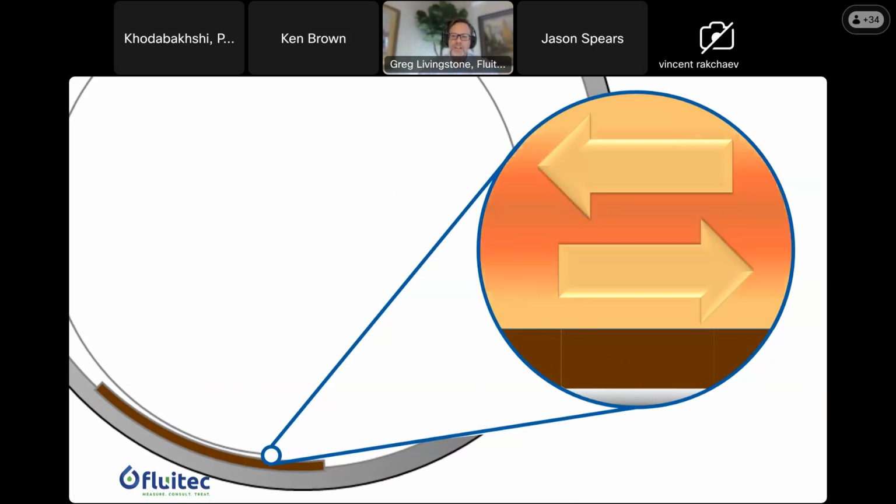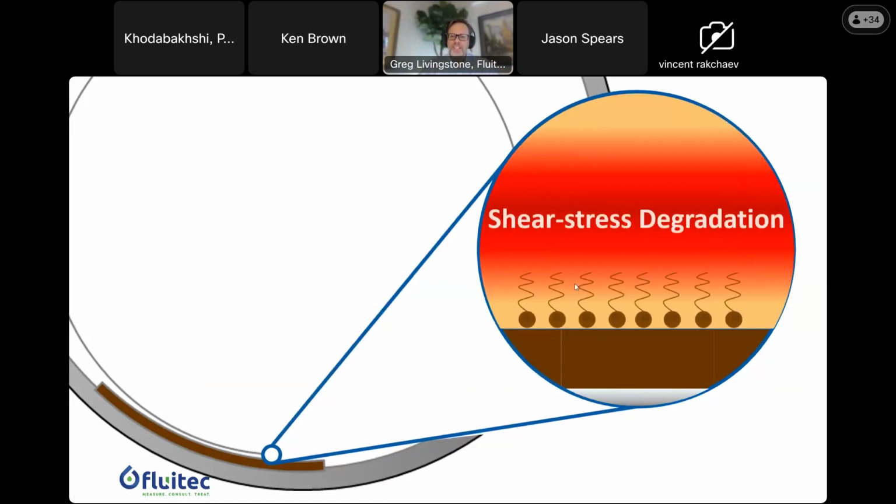We know now that these temperatures can be very hot, and this is causing localized deposit formation and the formation of these polar degradation products that basically instantly form here in the fluid.